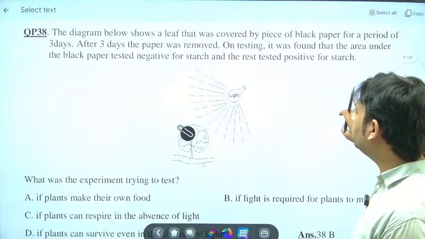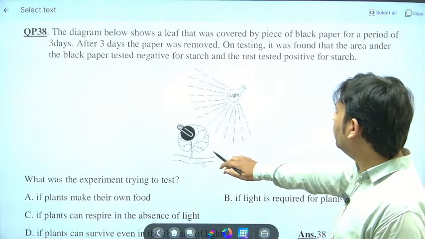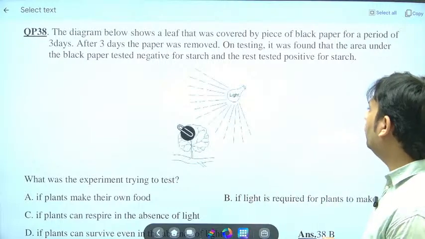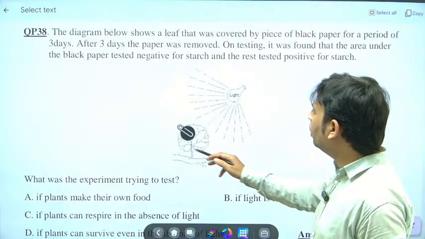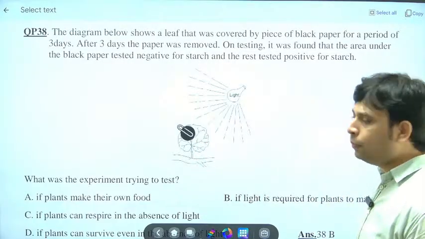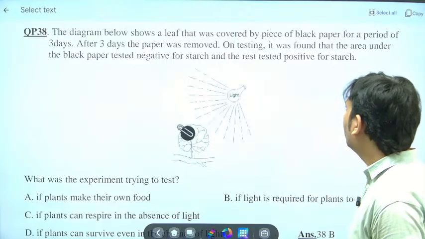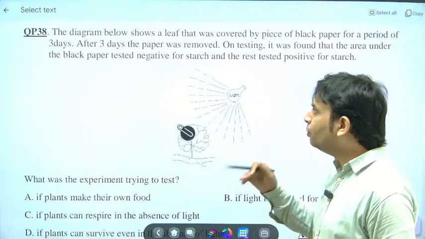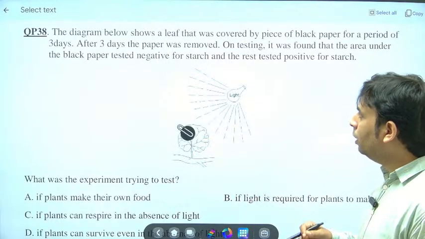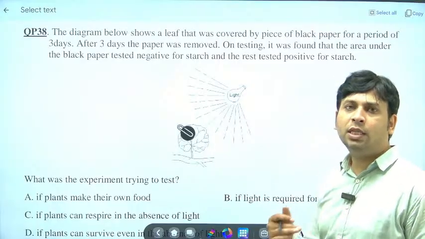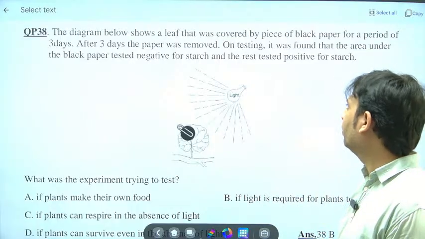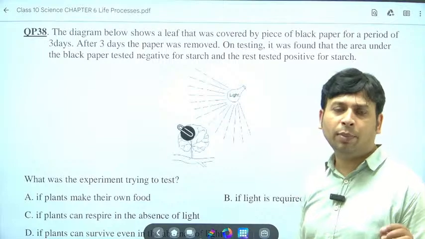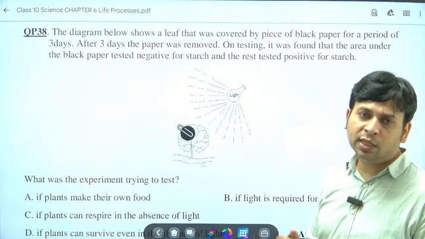Look at this diagram showing a leaf, where we have covered a portion of the leaf with black paper for a period of 3 days. After 3 days the paper has been removed, and when we test it, the area which was under the black paper shows a negative starch test, and the rest of the portion which was not covered by black paper shows a positive starch test.